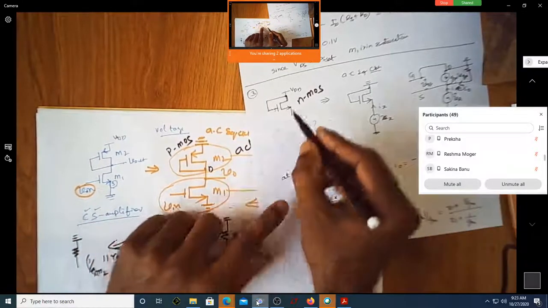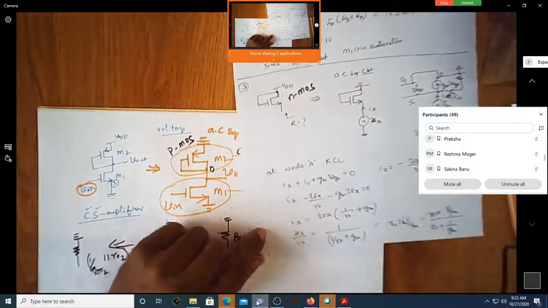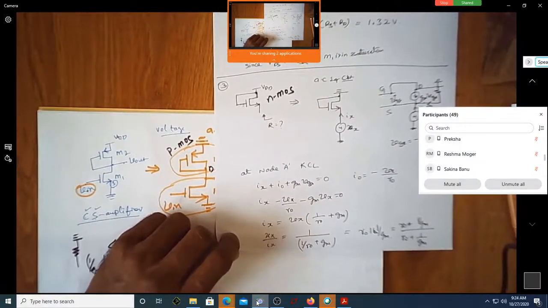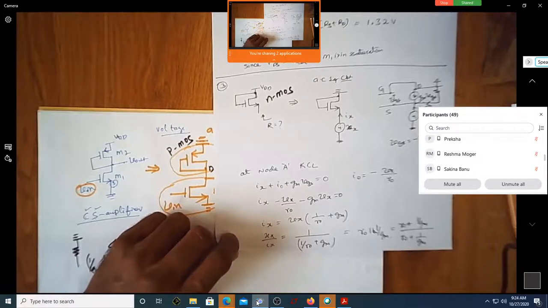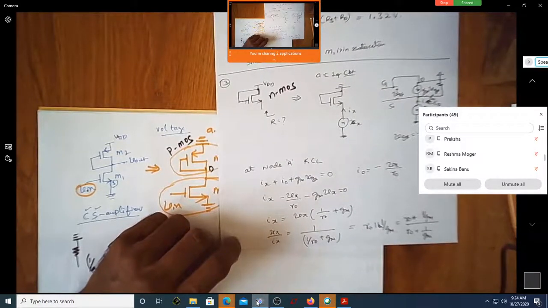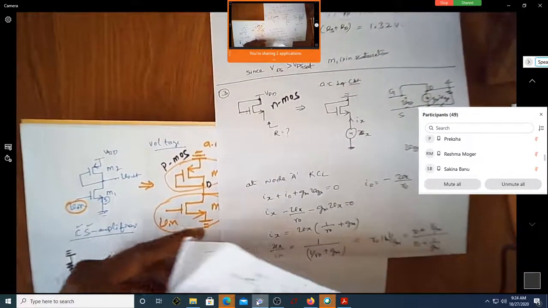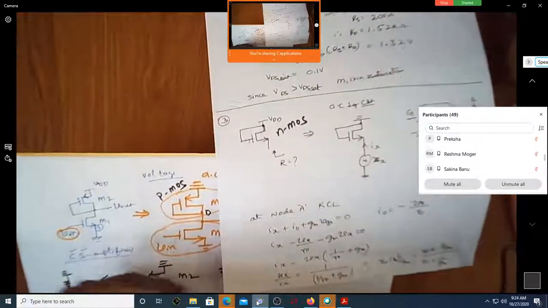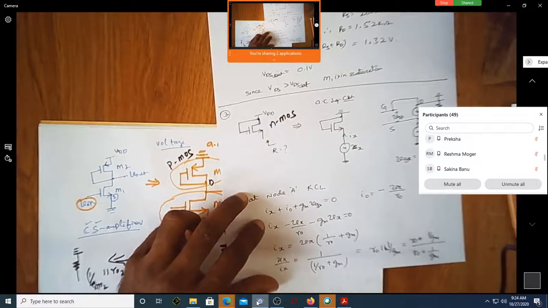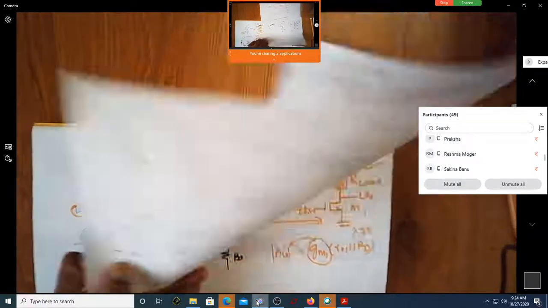So I'm supposed to see from here. Let me show you that also. Let me take out that sheet and show you too. Have I shared that? Let me just check it out.